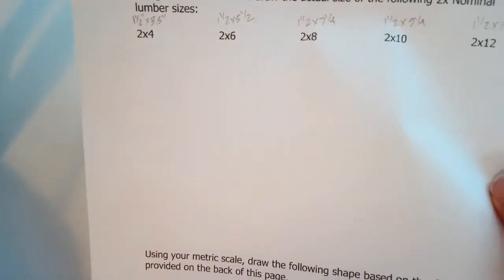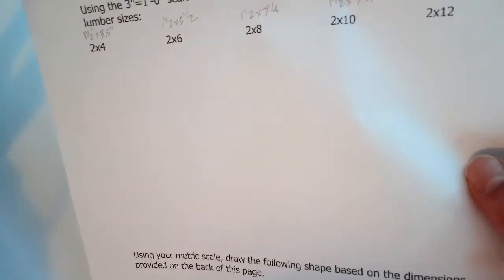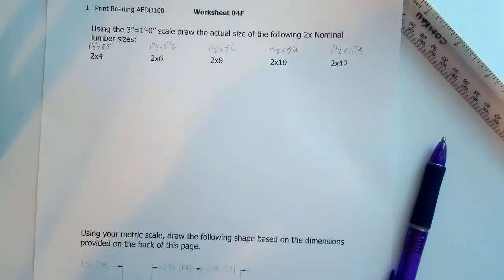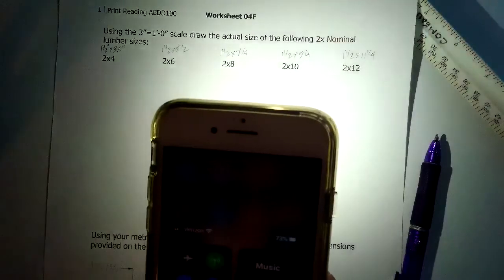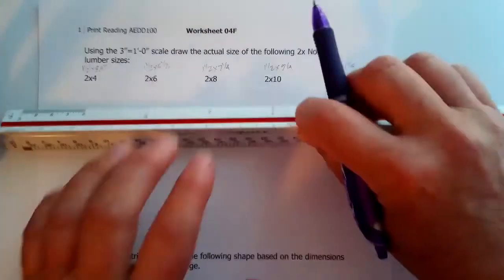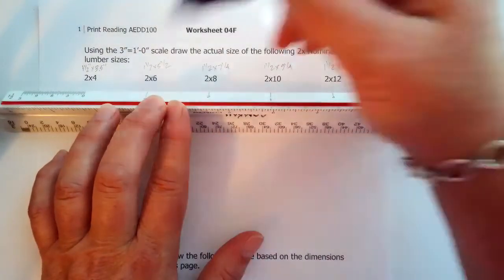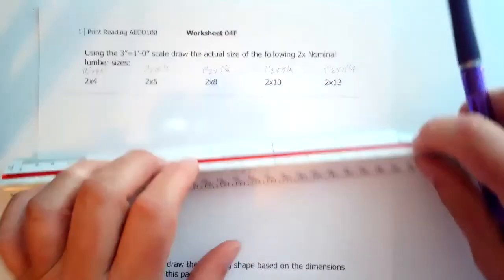Okay, I'm going to use purple for the construction line, but you want to make it as light as possible on yours with just a pencil like I just showed you. So that's a construction line.